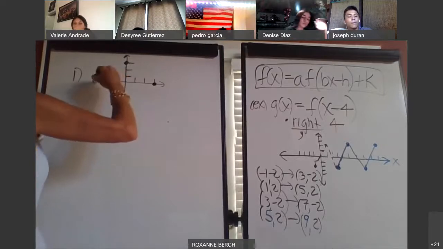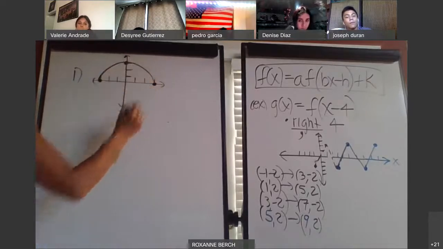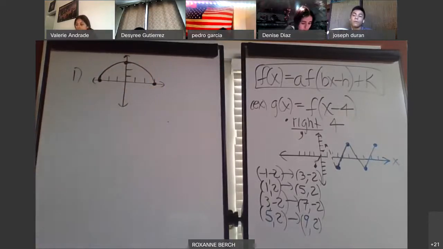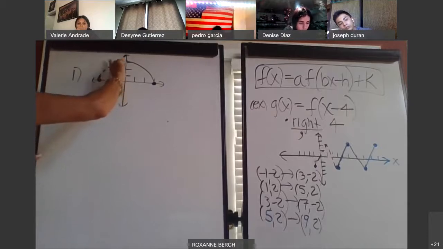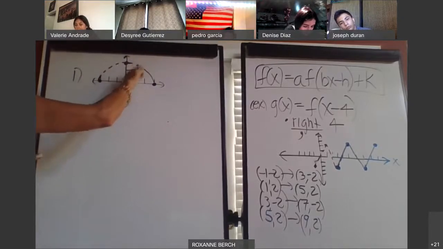And it looks like this half of a circle or half an arc. So that's the parent, and it is a function. It does pass the vertical line test, but it doesn't have an equation. So I'm going to make it dotted because it's not really there. We're just using it to graph.